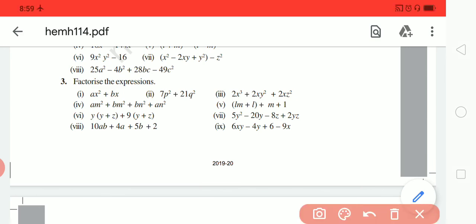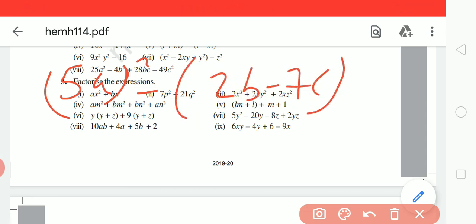So let us rewrite: (5a) square minus (2b minus 7c) whole square. All the last three terms become this one, (2b minus 7c) whole square. So now 5a can be taken as a and 2b minus 7c can be taken as b, then this becomes a square minus b square, that is (a minus b) into (a plus b).